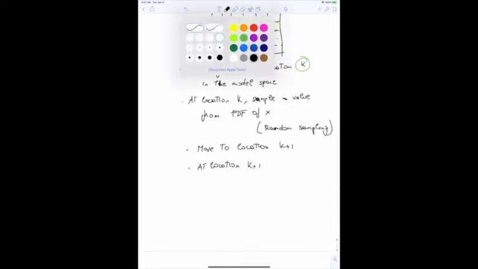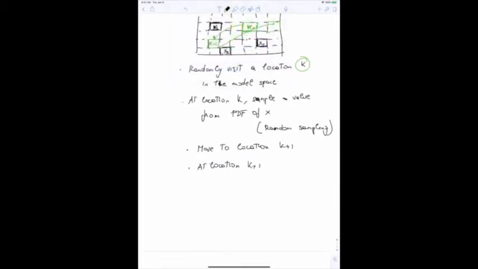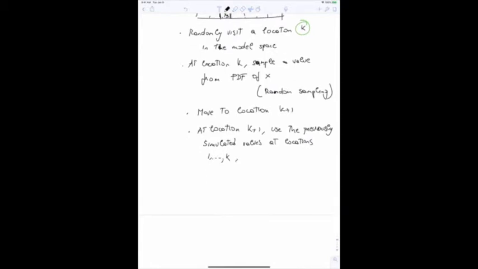So at the location K plus 1, we use the previously simulated values at locations 1 to K to condition the random sampling.